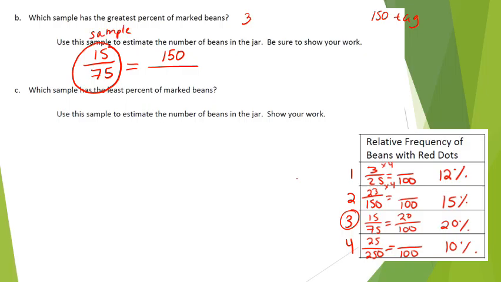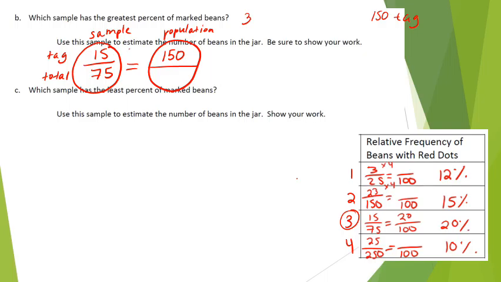This side of the proportion represents the population. The top of the proportion is going to represent the number that were tagged or marked, and the bottom represents the total. So again, 15 were tagged out of the 75 I picked, and I know I originally tagged 150 of the beans. So now let's figure out what the population is.